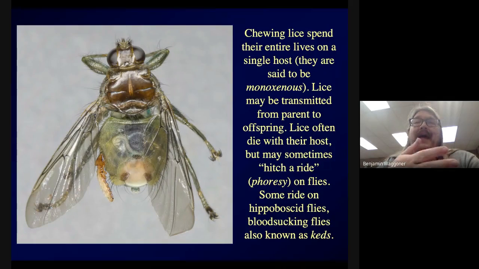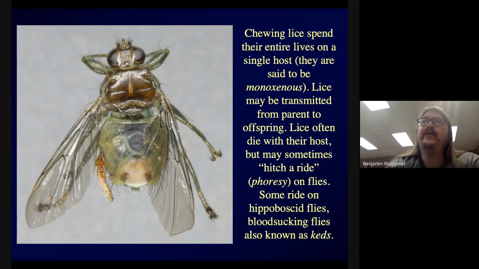And lice may die when their host does, but they've been known to hitch a ride on flies. That's a blood-sucking hippoboscid fly, and on the left side of its abdomen, that little tan thing sticking off is a chewing louse that's hitching a ride. You might remember we used this word very early in the course. A relationship where one species gets transportation from another one but doesn't otherwise harm it is called phoresy.